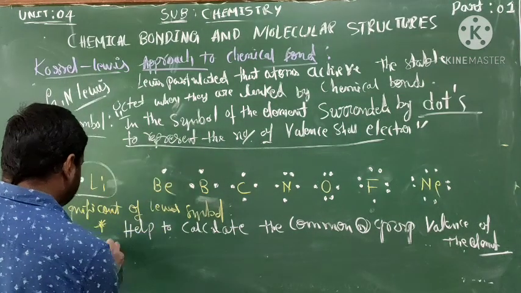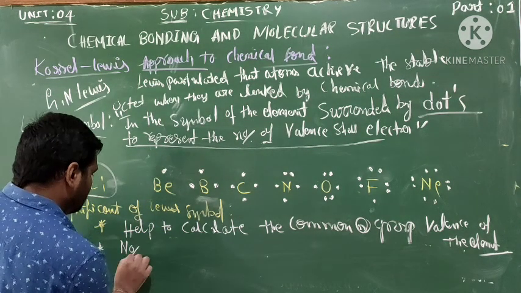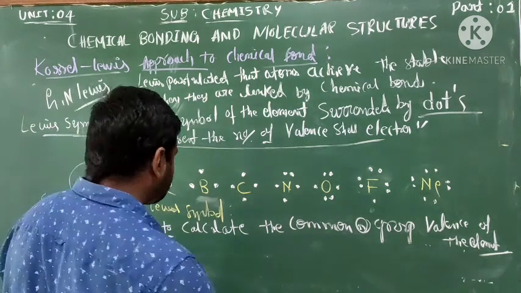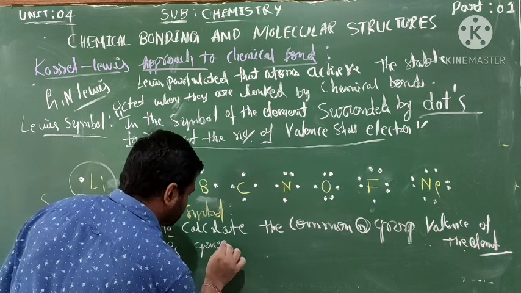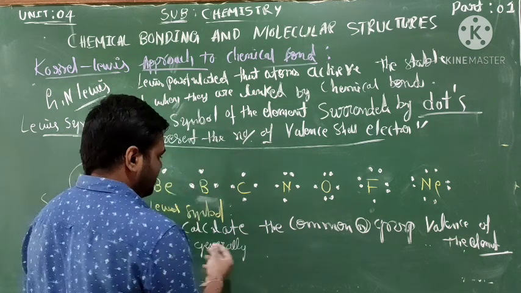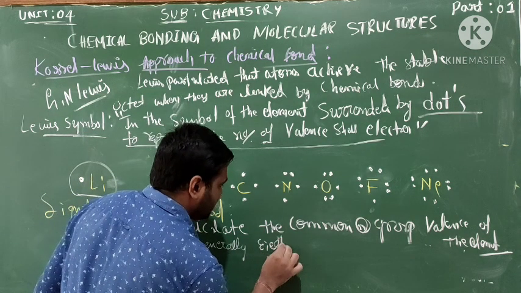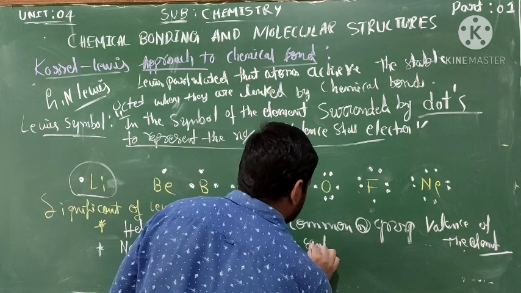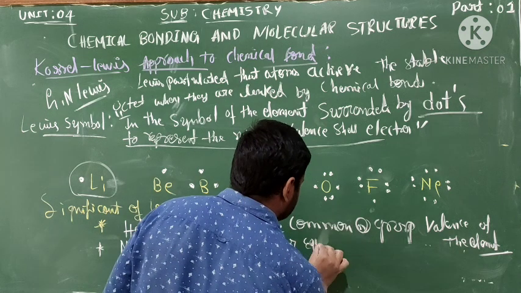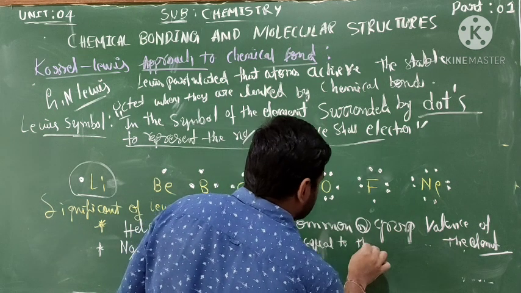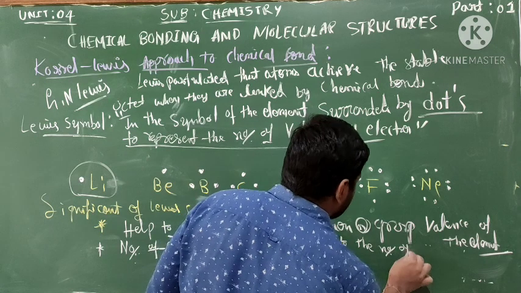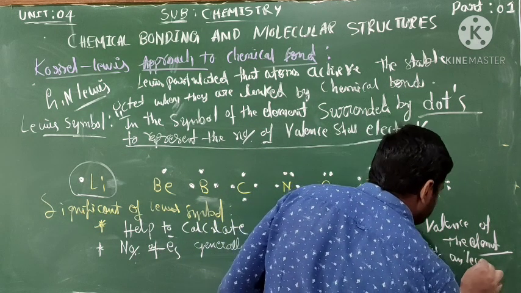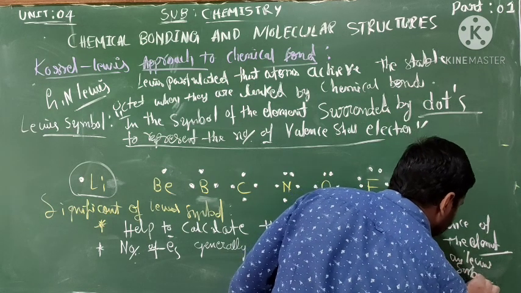The next point: the number of electrons generally is equal to the number of dots in the Lewis symbol.